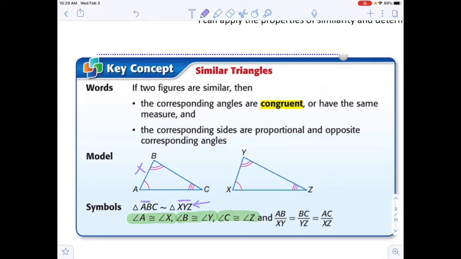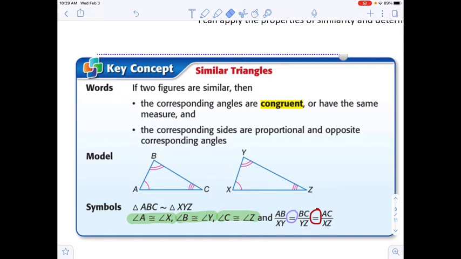So AB over XY equals, because it's proportional, BC, which are the last two, over YZ, and that equals AC over XZ. So first and last letter, first and last letter.